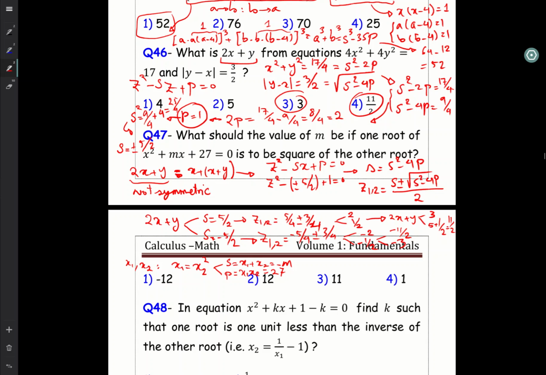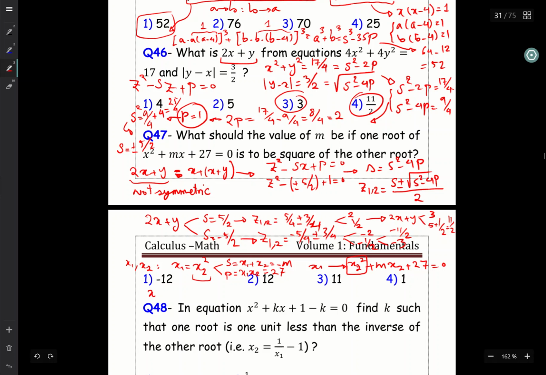We also know that one root is x2 squared, right? So think about this. x1 and x2 should satisfy the quadratic equation. So x2 squared plus mx2 plus 27 should be 0, right? But x2 squared, from our assumption or from what the problem is giving us, is x1.